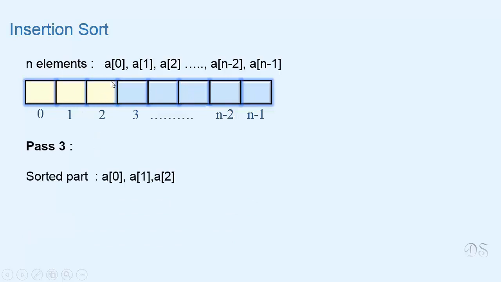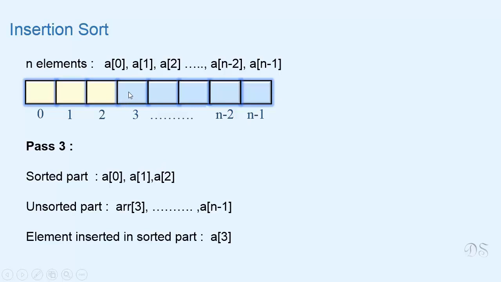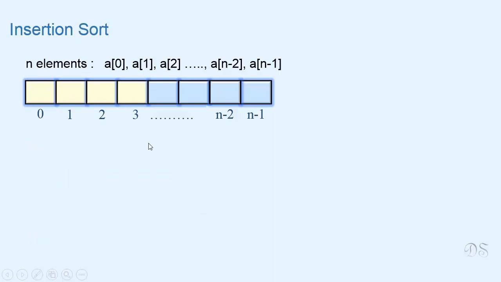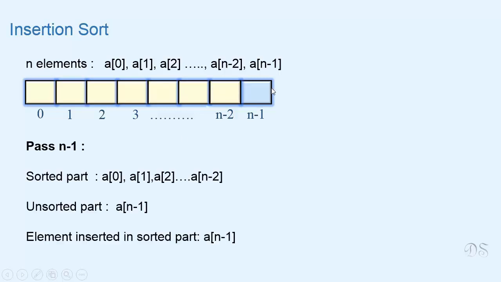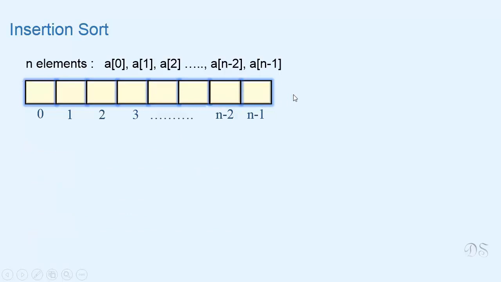In pass 3, this is the sorted part and this is the unsorted part, and the first element is A3 and it is placed at its proper position in this sorted part. This process continues till the last pass, which is the n-1th pass, and in this pass the element A(n-1) is inserted at its proper position in this sorted portion. So after n-1 passes, the whole array becomes sorted.